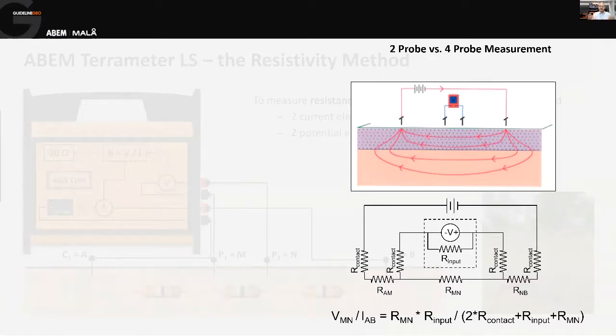We have what's called contact resistances, and these can be very, very high, especially if you're working on very hard ground or very dry ground. So the contact resistance is going to contribute to that total path resistance. And we said that the path resistance is what is going to determine how much current flows through the ground.